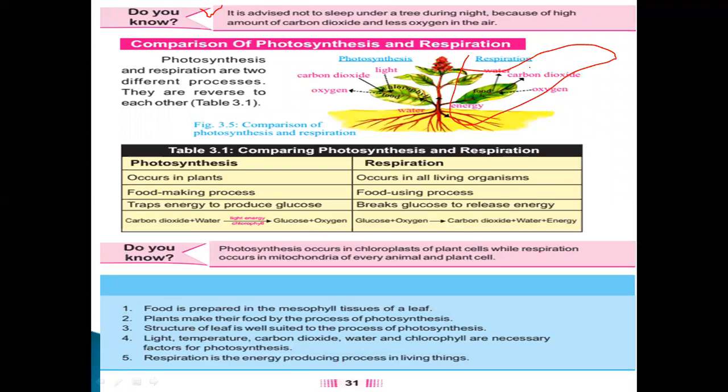By respiration, carbon dioxide is released, so there is more accumulation of carbon dioxide under the tree. Carbon dioxide is very harmful for us, so if a person is lying down here, definitely the person gets suffocated or can even die from the accumulation of carbon dioxide.